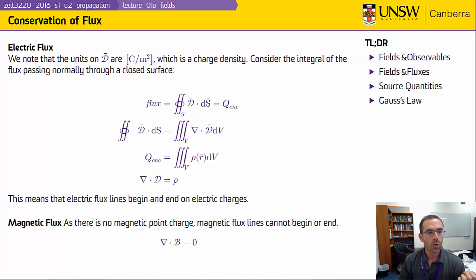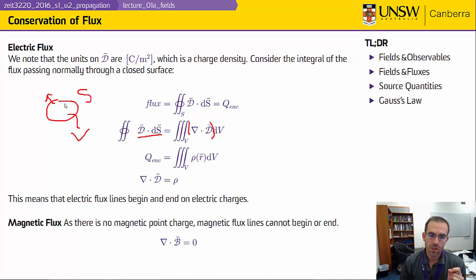I know from my calculus classes that this particular surface integral is equal, by the divergence theorem, to the volume integral of the divergence of D. I've got a surface S that encloses a volume V, and the integral of the flux penetrating through that surface is equal to the integral of the divergence of the flux inside the volume.